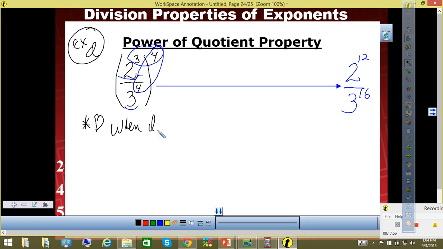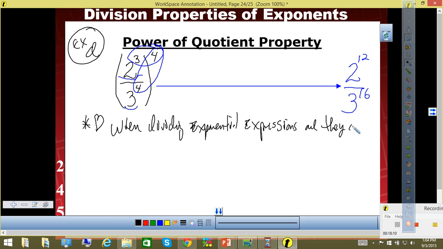When dividing exponential expressions and they are raised to another exponent. And who's going to help me with the rule?